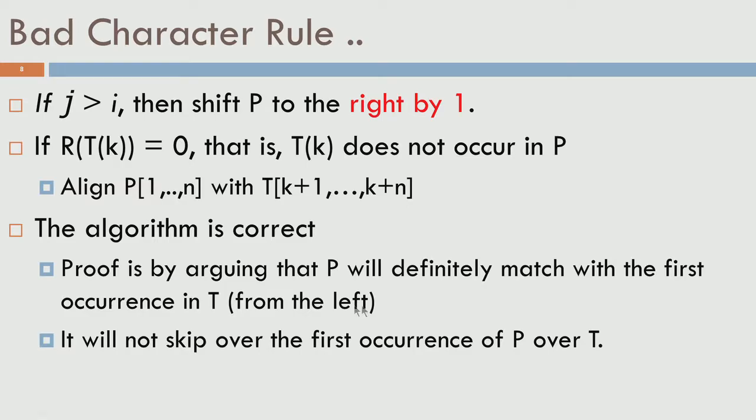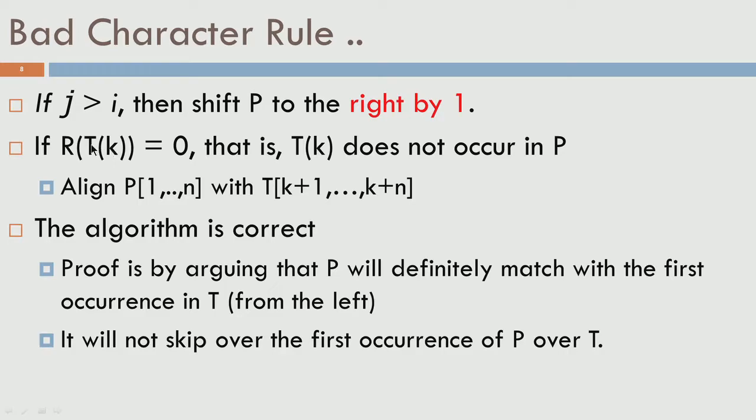So, continuing further with the bad character rule, if j is more than i, in other words, the rightmost occurrence of the mismatched character occurs to the right of the point of mismatch, then shift P to the right by 1. There is also a third case here.